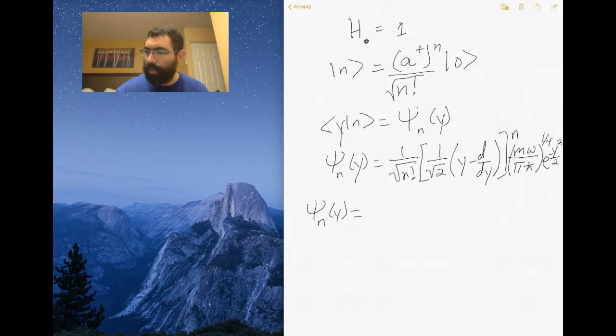So I said 1 over the square root of n factorial, let's bring that other stuff out front, m omega over pi h bar, so the 1/4 power, 1 over the square root of 2.